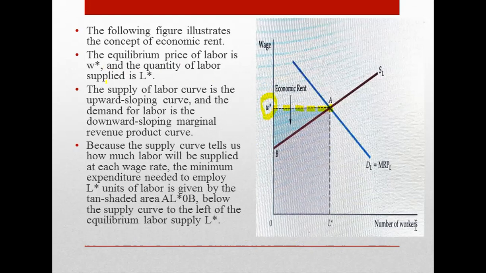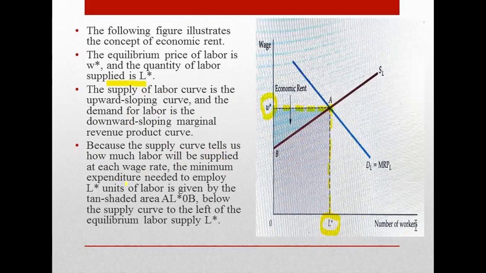To find out the quantity of labor supplied at point A, you extend a line from A to the horizontal axis where you show the number of workers, and here we see that L star is the total equilibrium quantity of labor demanded and supplied. The supply of labor is the upward sloping curve, and the demand for labor is a downward sloping curve.